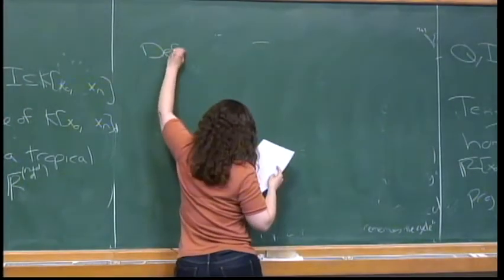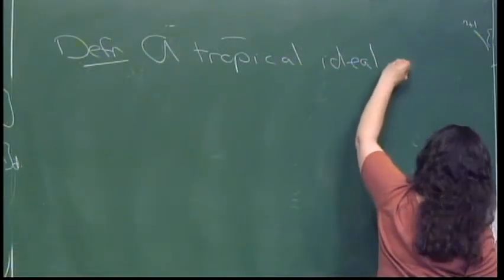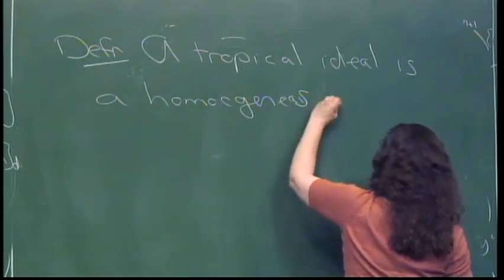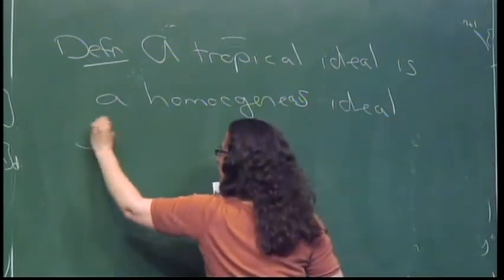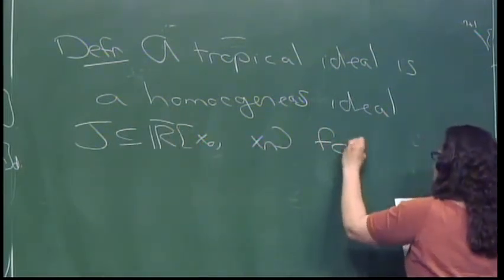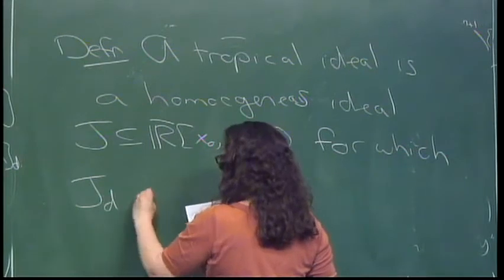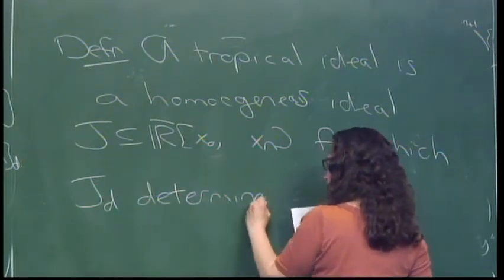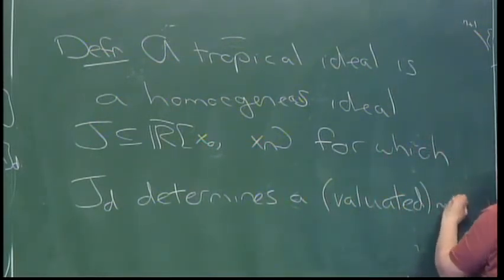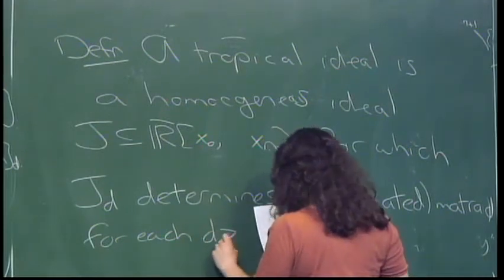So, definition: a tropical ideal is a homogeneous ideal J contained in R-bar adjoin x_0 up to x_n, for which J_d determines (I'll put the word valuated in parentheses) a valuated matroid for each d greater than or equal to 1.